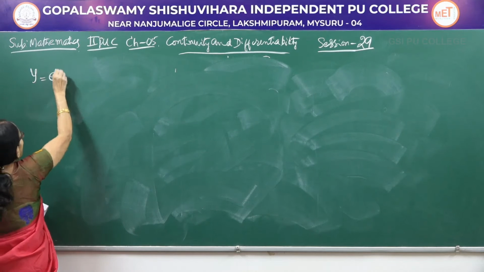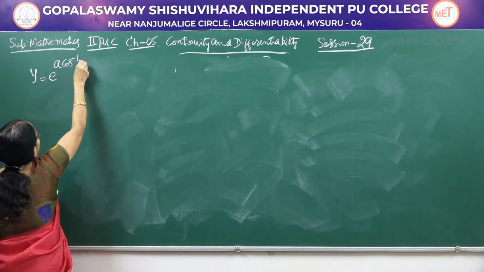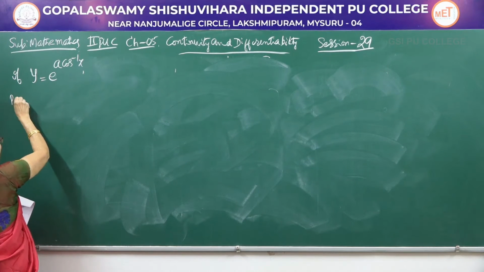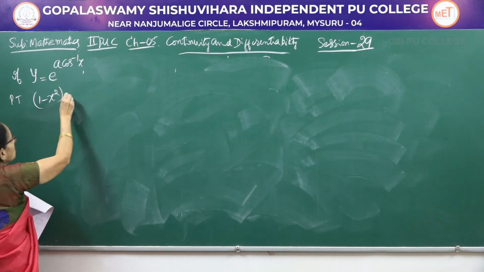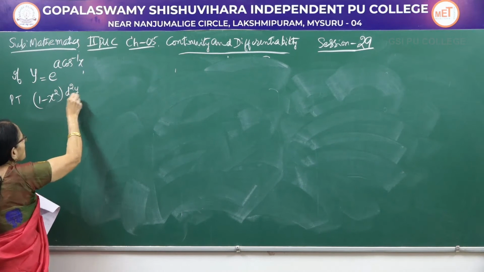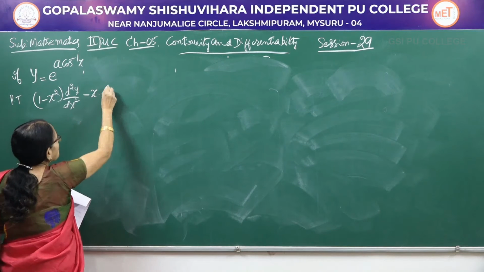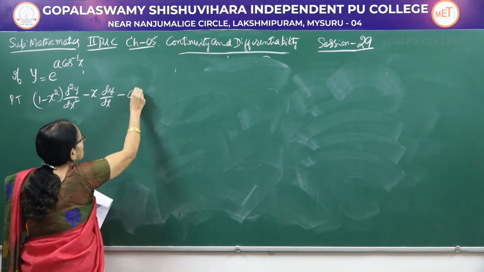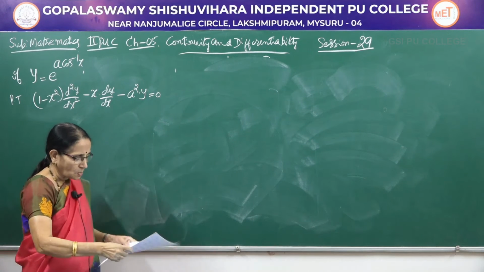If y is equal to e to the power a into cos inverse x, then prove that 1 minus x square into d square y by dx square minus x into dy by dx minus a square into y equal to 0.